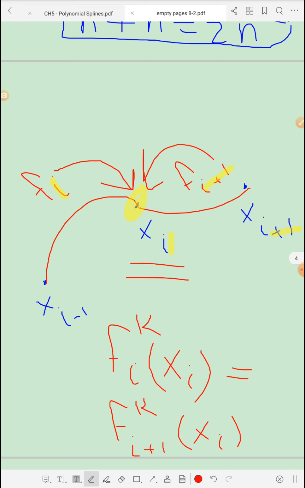So this is what we mean: the first derivative of this polynomial at this node should be equal to the first derivative of this polynomial of i plus 1 at this node. The second derivative of this polynomial at this node should be equal to the second derivative at this node. Also, the third derivative of this one should be equal to the third derivative at this node.